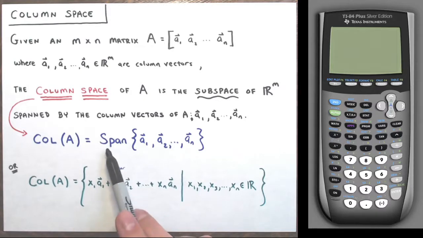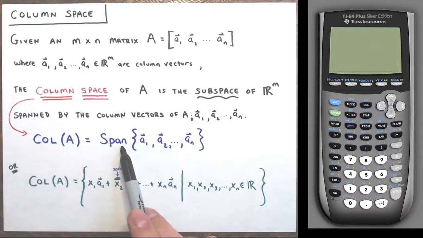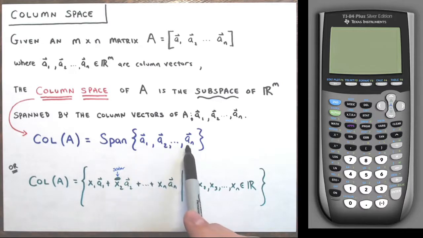Now don't forget, this is something I'm assuming you've seen. The span of a set of vectors is just the set of all linear combinations of those vectors. So you could also say that the column space of A is the set of linear combinations of the vectors A1 through An, the columns of A, where I have x1 times A1, where these x's are scalars. I accidentally put a little smudge up here, so there should be nothing here.